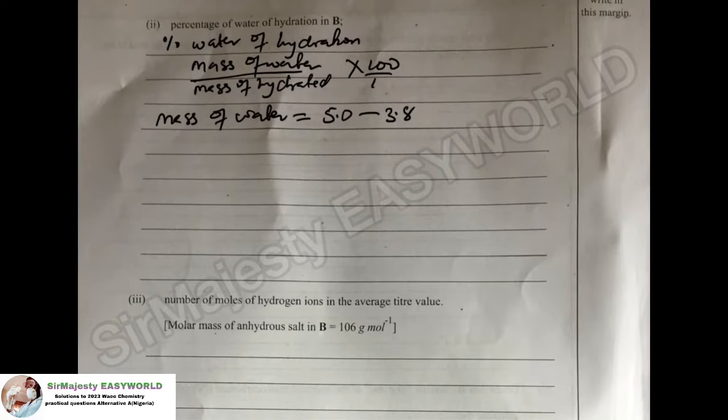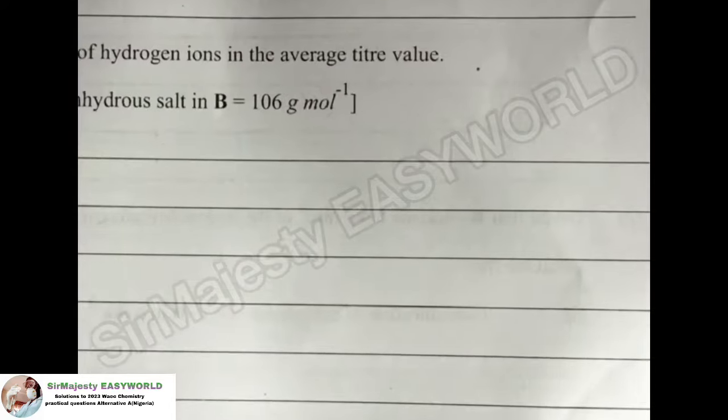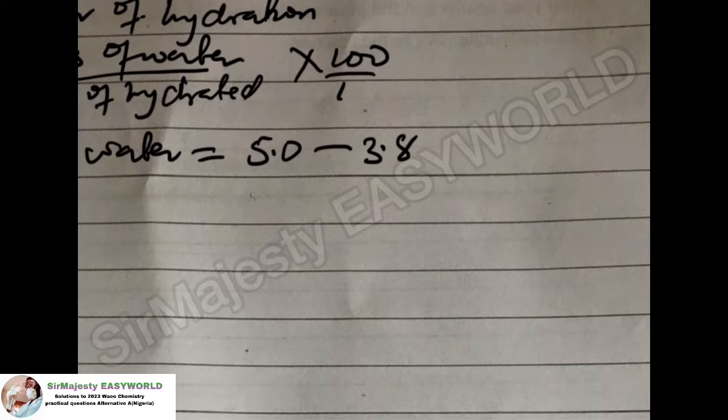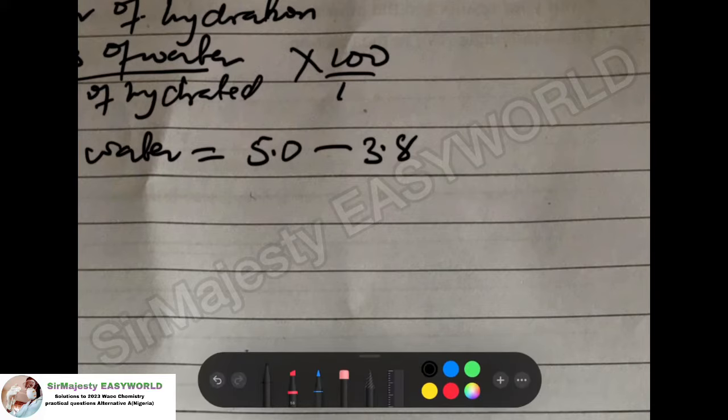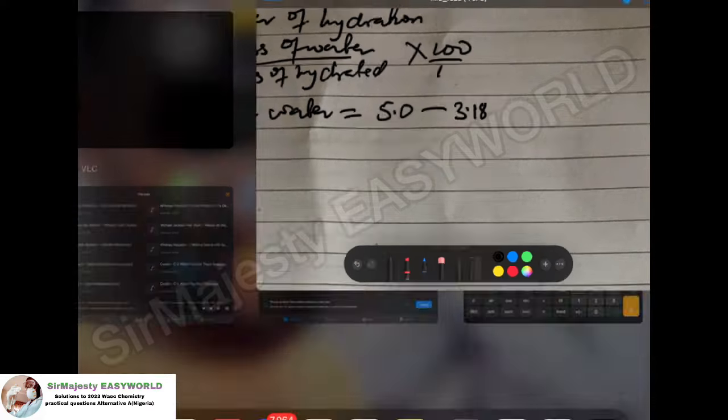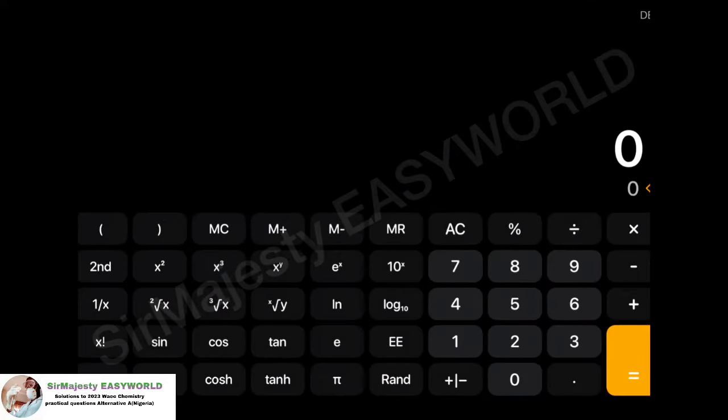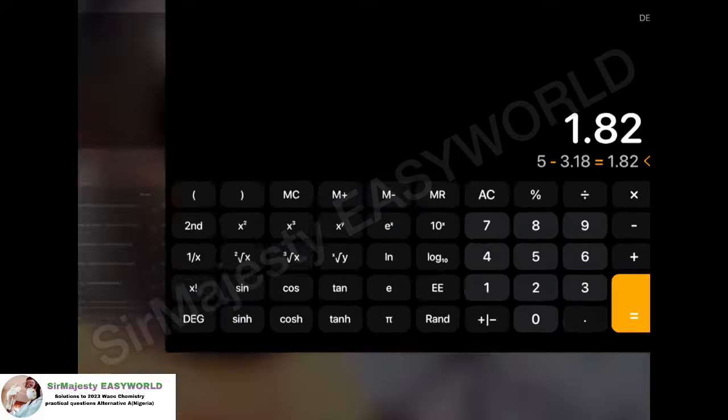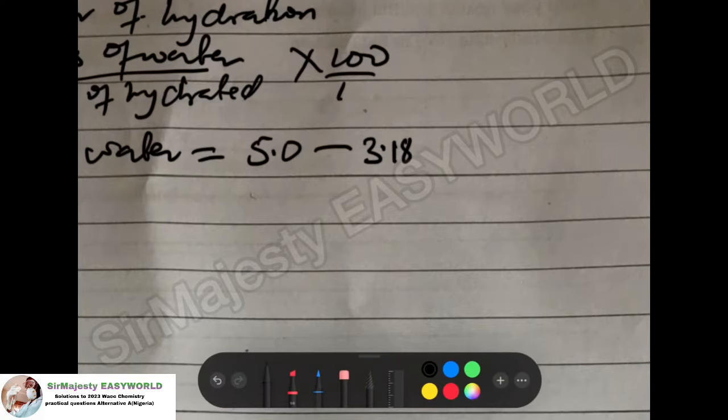So 5 minus 3.18 is equal to 1.82. So 1.82 gram is the mass of water.